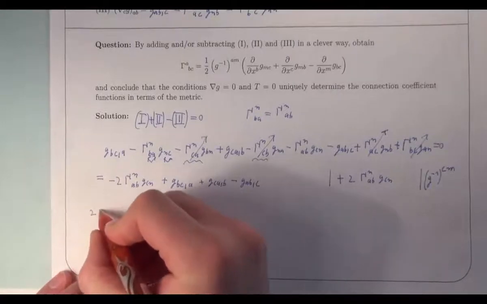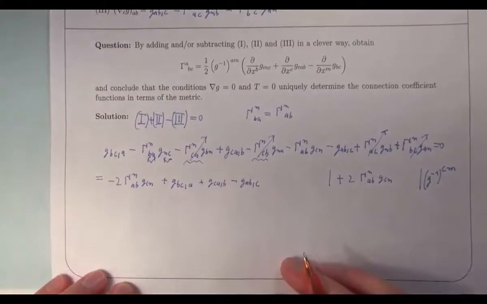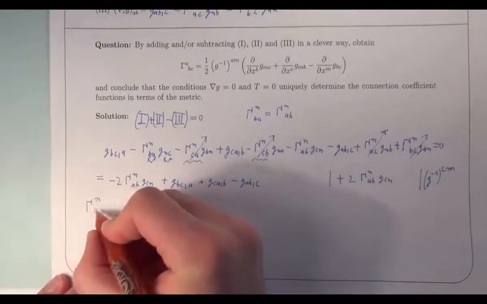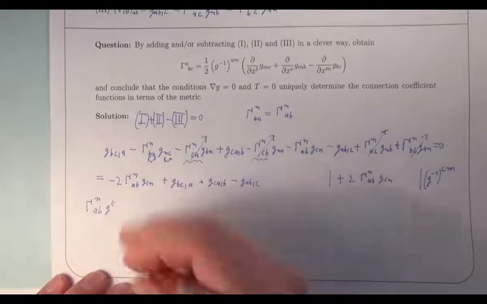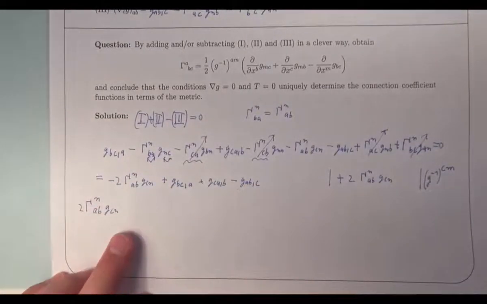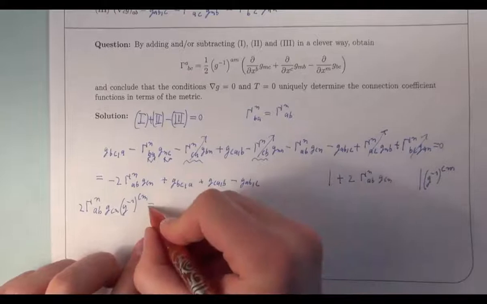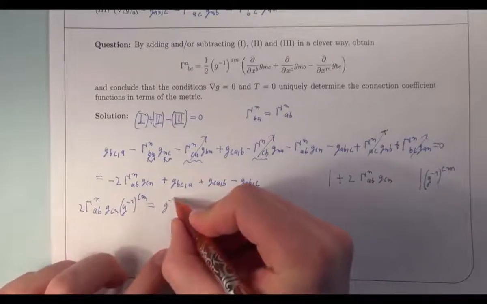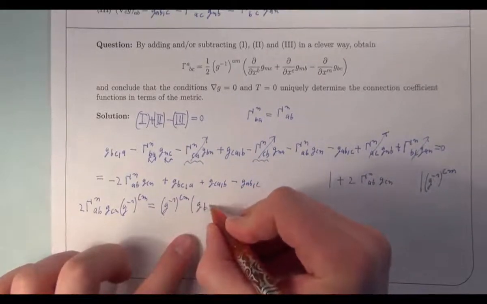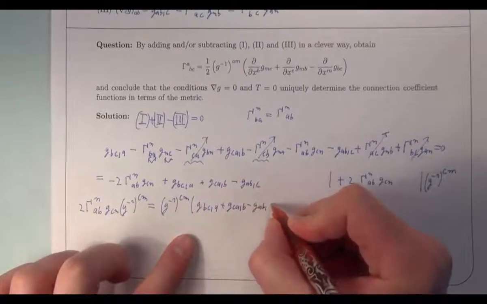Now, here we find gamma NAB G_CN, I forgot the 2, G inverse CM equals G inverse CM times G_{BC,A} plus G_{CA,B} minus G_{AB,C}.